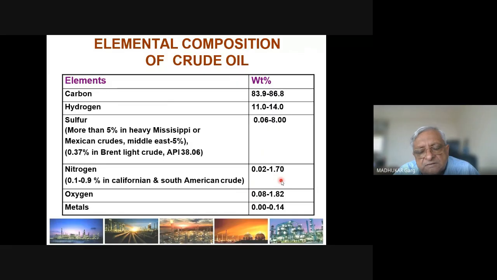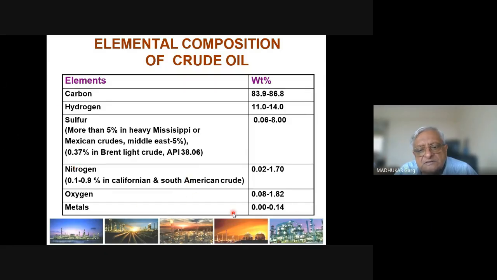Then nitrogen is another impurity. Generally, it is found in heavier fractions and mostly in California and South American crudes, etc. Oxygen is another one, which is of course not present in that quantity as sulfur, but nonetheless we do have some oxygenates present in crude oil, in the form of carboxylic acid, which is not desirable because it causes corrosion in the refinery and affects carbon steel metallurgy in the plant.